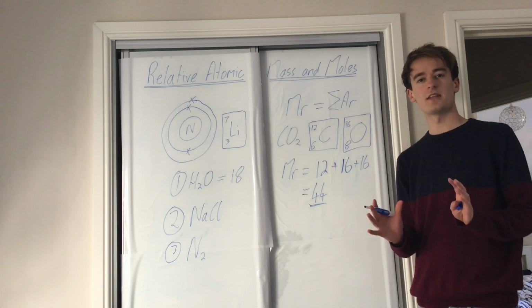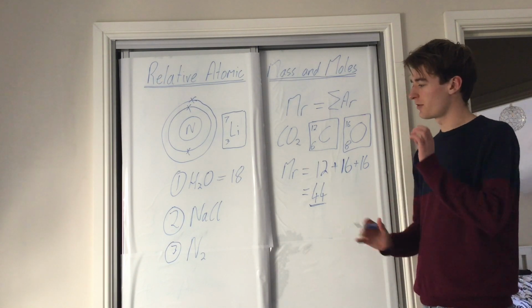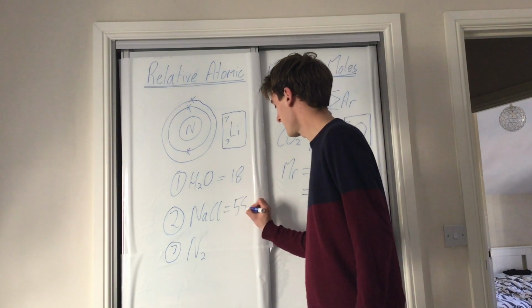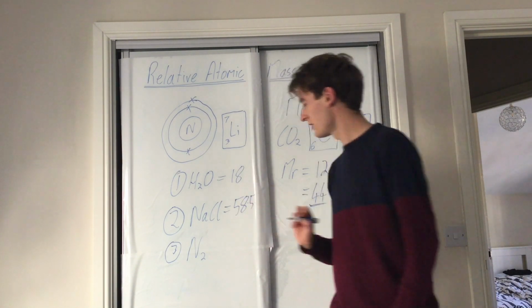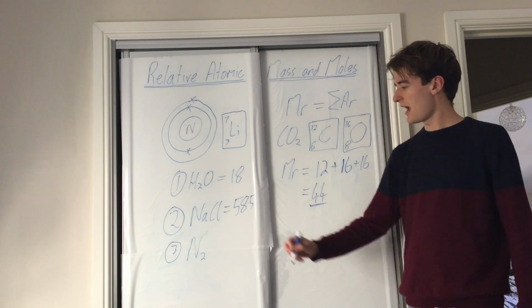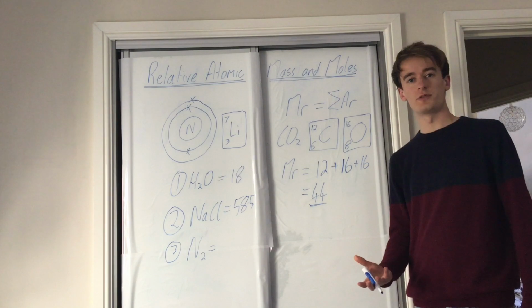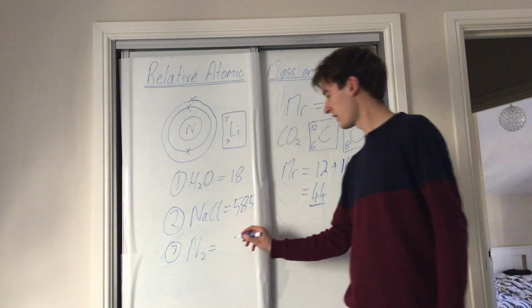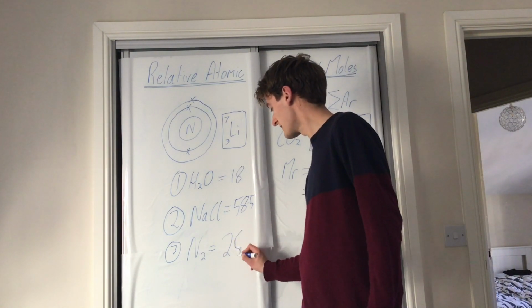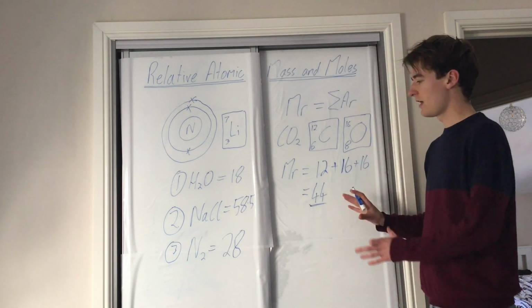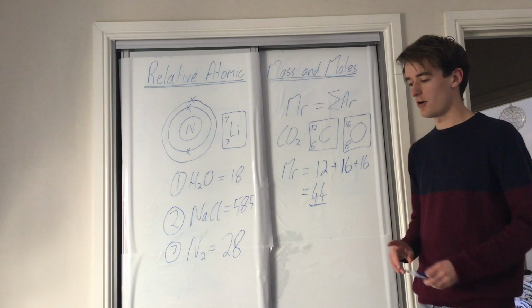The reason for that is to do with isotopes, but I'm not going to go into that on this video. And that is 58.5, so hopefully you got that. N2, each nitrogen is 14, so we're looking at 28 as the total. So that's how we calculate MR.